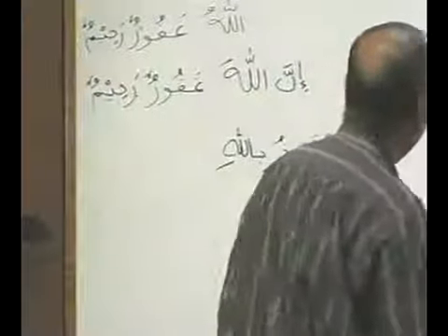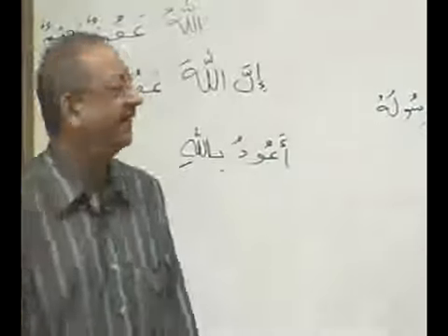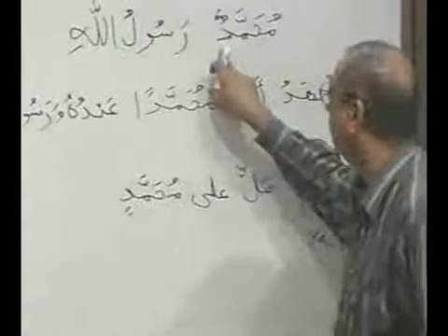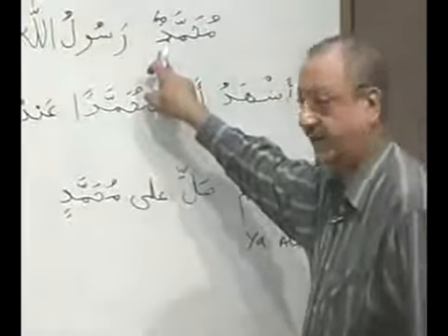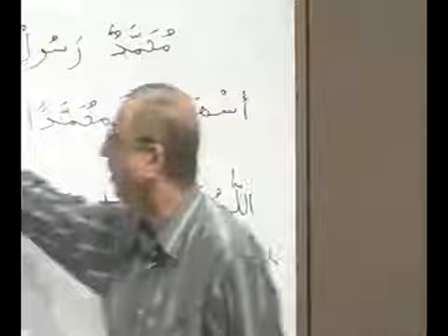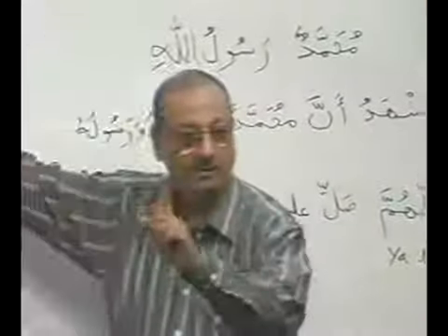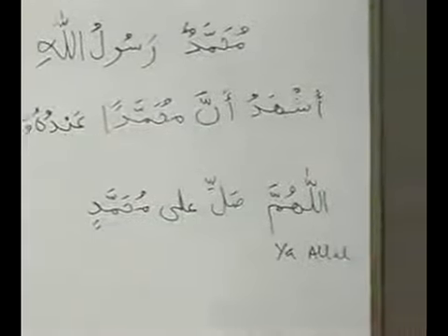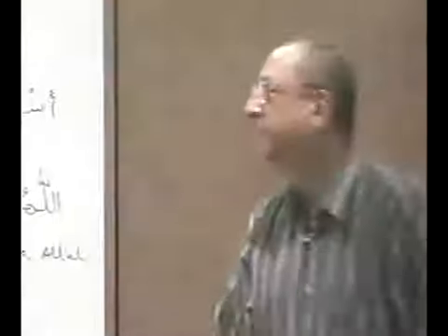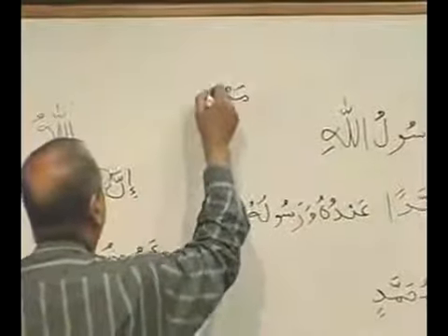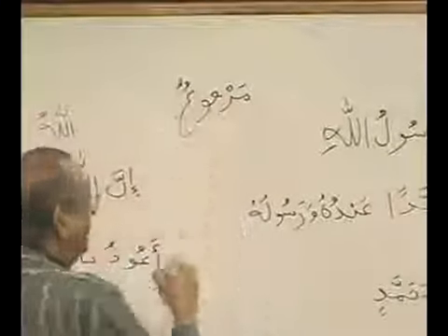The terms. If the noun, brothers and sisters, look carefully. If the noun ends with a dhamma, be it a tanween or a single dhamma, it is called marfu. What is it called, brother? This you will have to memorize.